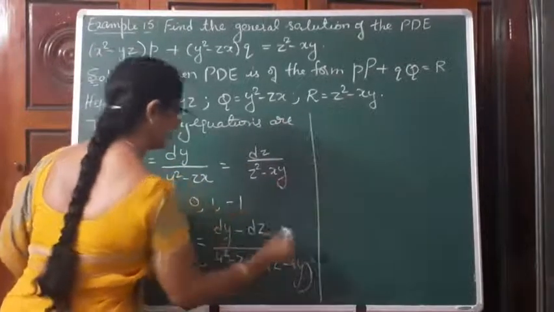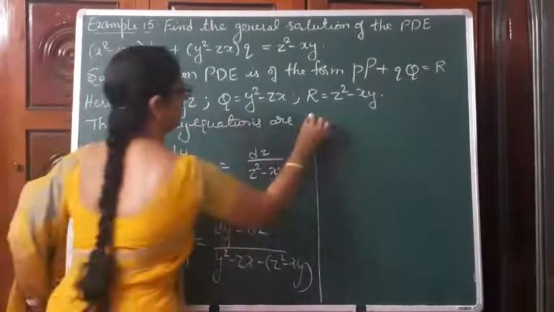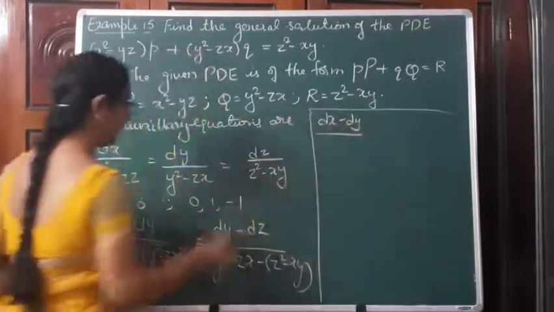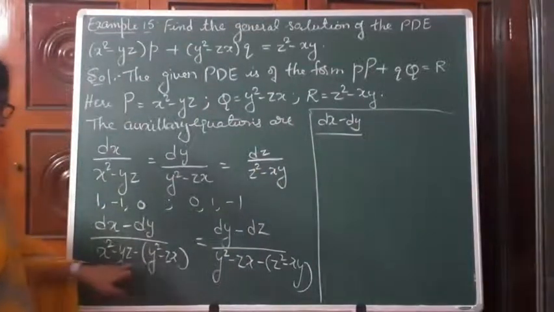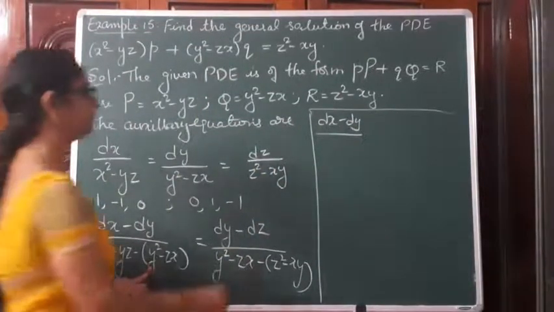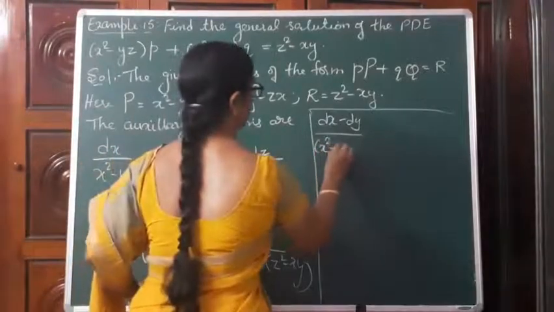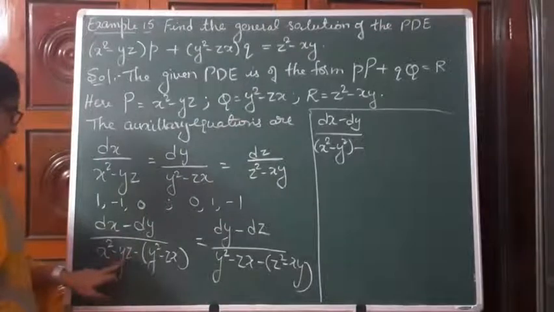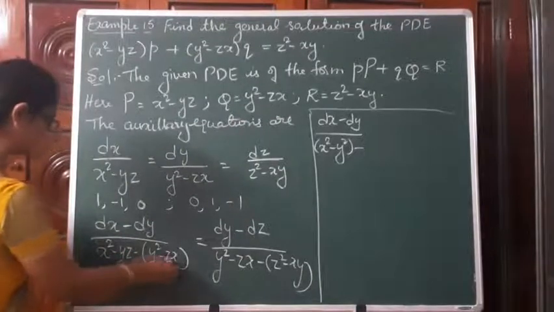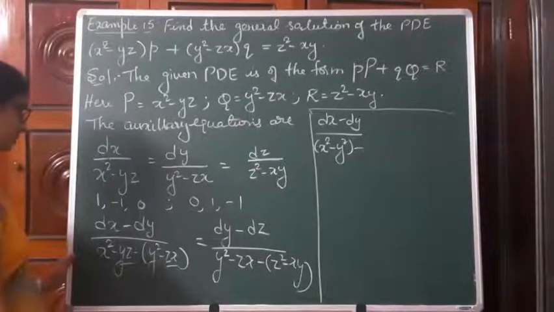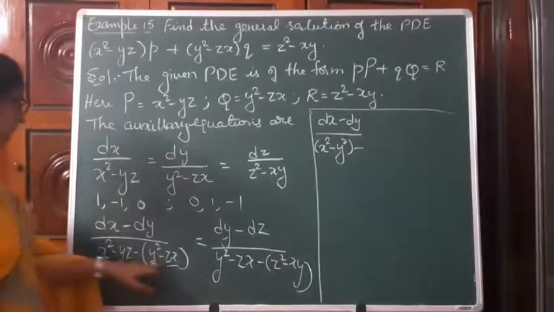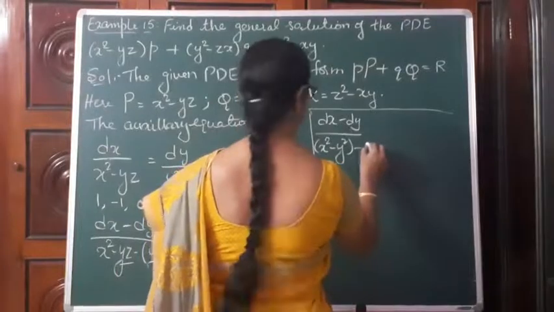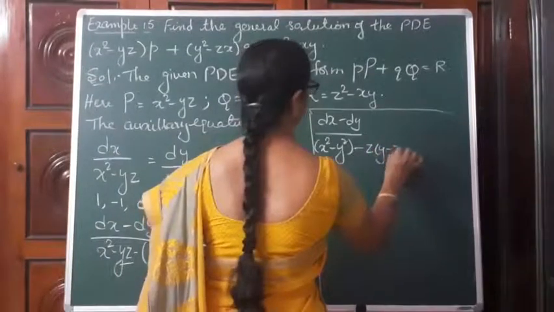After simplification we get dx minus dy divided by x square minus y square minus, if we take z common from these two terms, what do we get? We get z into y minus x.